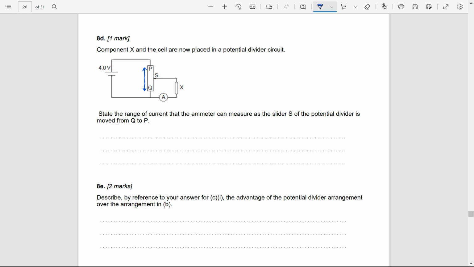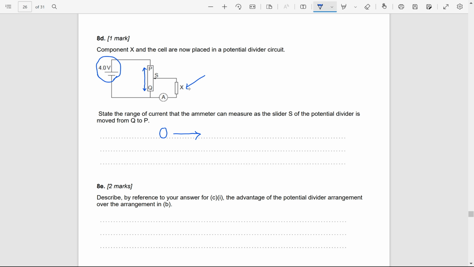input circuit. So the beauty of these is that the current can always go from 0. You just need to learn this, even if you don't understand the application of it. So it goes from 0 all the way to the maximum current that's supplied from the value of the output voltage.